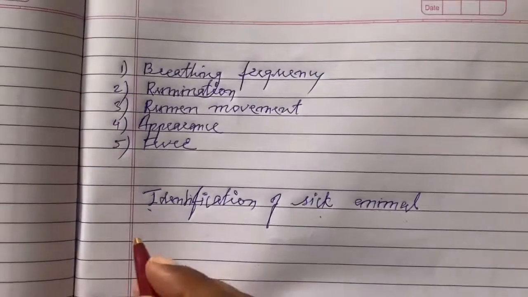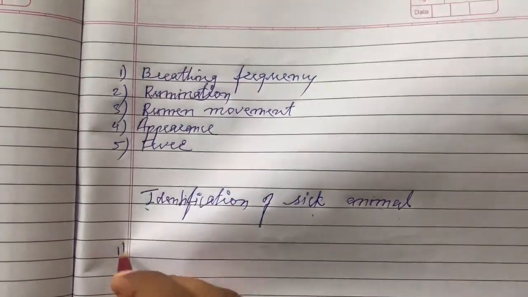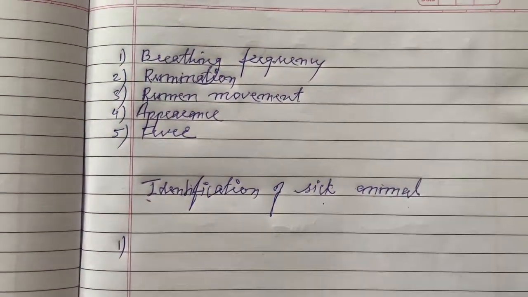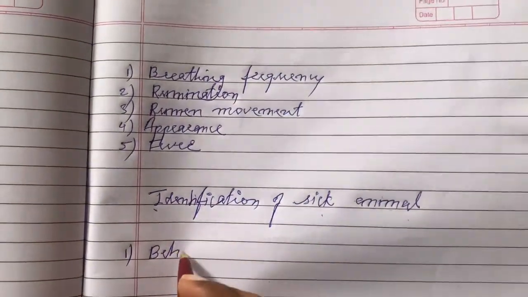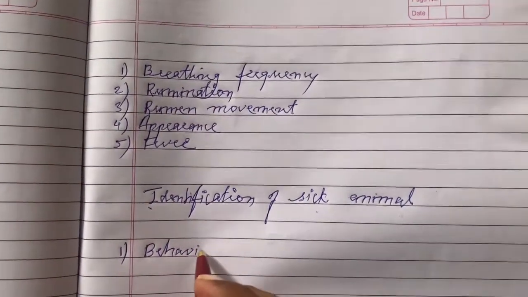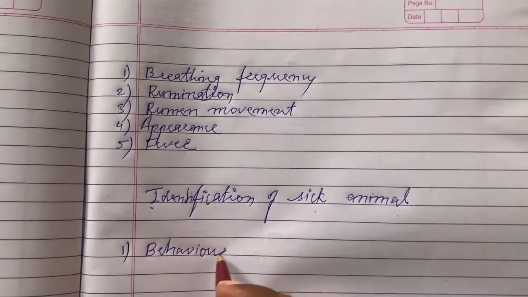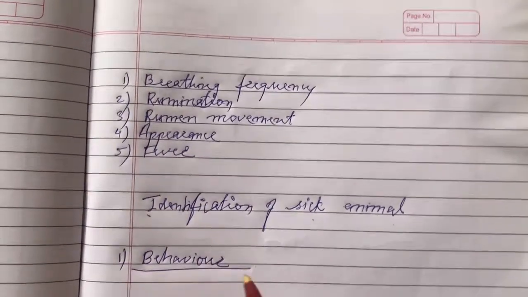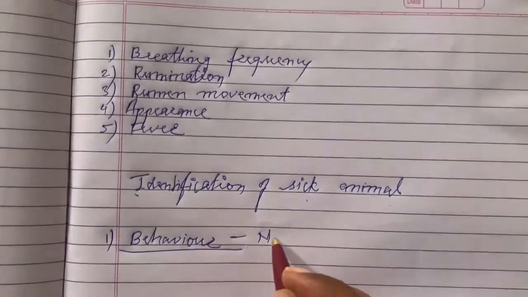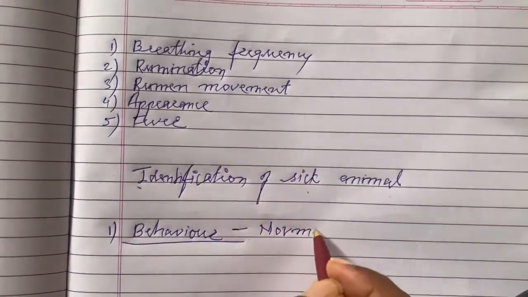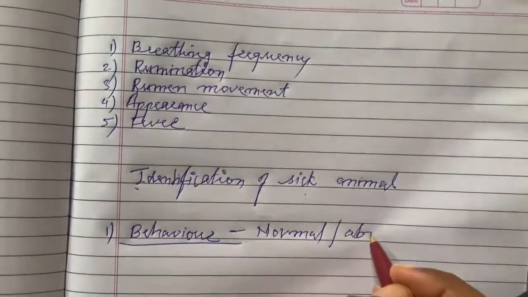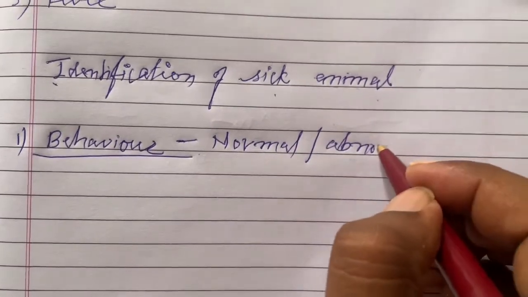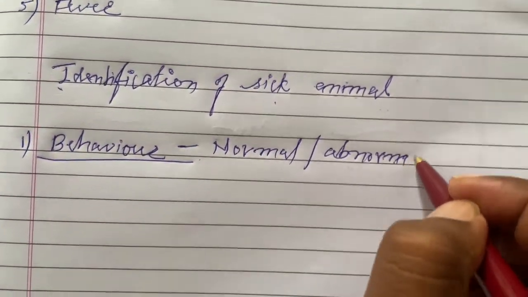In that case we have to identify whether the behavior of animal is normal or abnormal. This is the first point that we have to know very well.